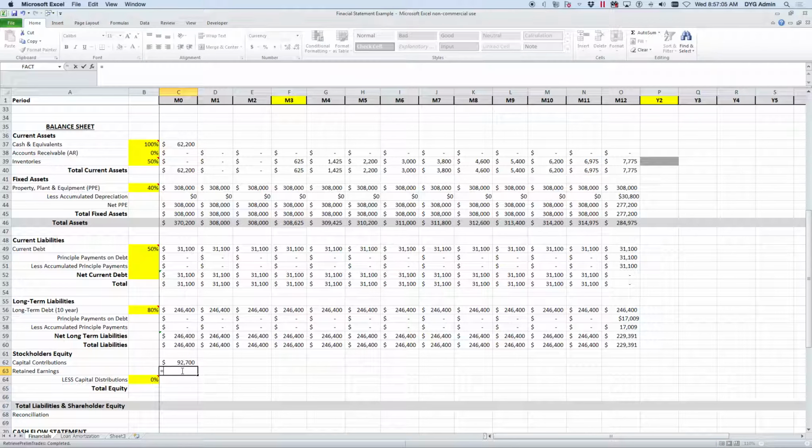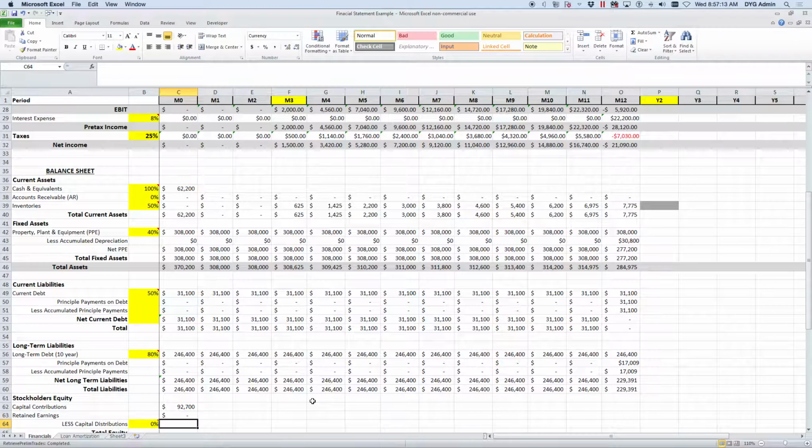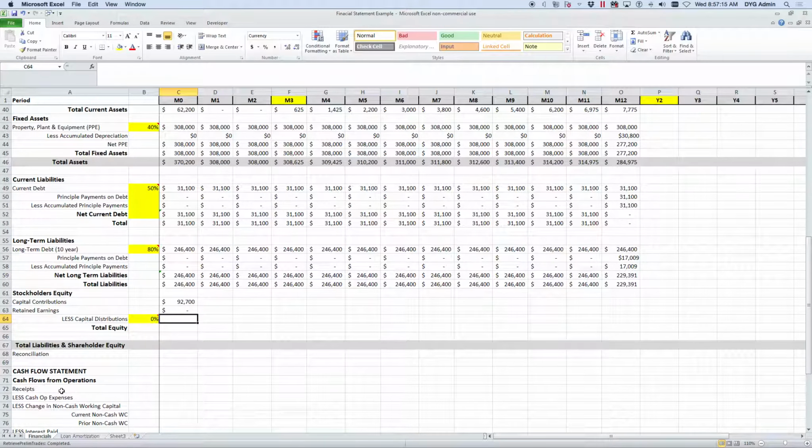Retained earnings in any period, of course, is just the estimated, not revenue, sorry, net income for the period. So we're going to take that there. Less capital distributions, and we're going to say that that is equal to 0% times revenue, or sorry, net income. Why is that not moving?